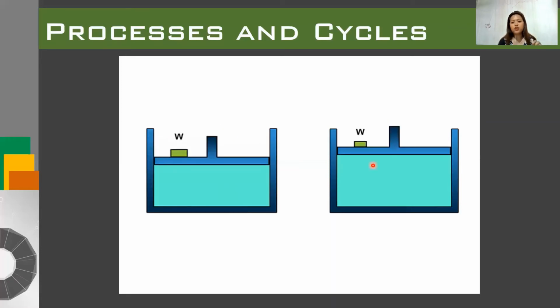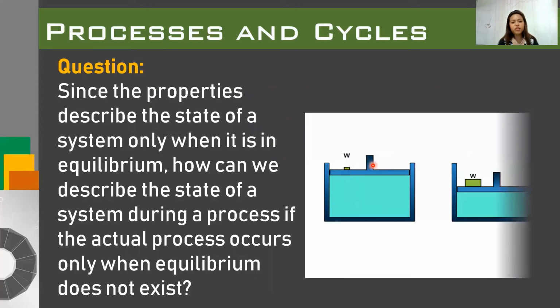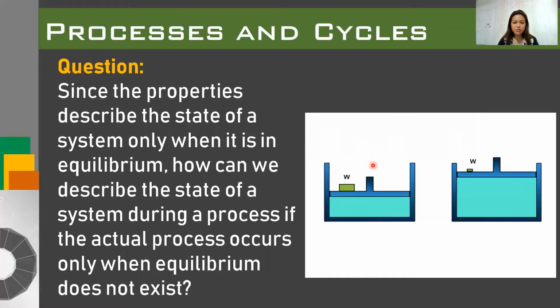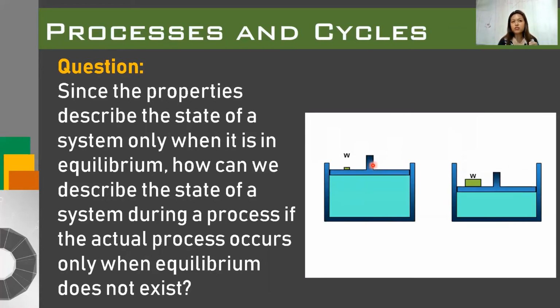So let's have a question. Since the properties describe the states of a system only when it is in equilibrium, how can we describe the state of a system during a process if the actual process occurs only when equilibrium does not exist?